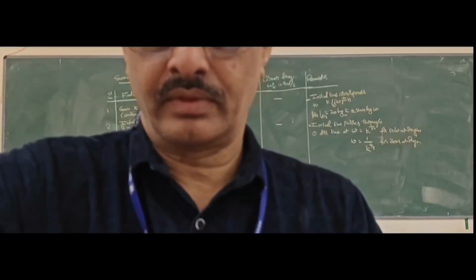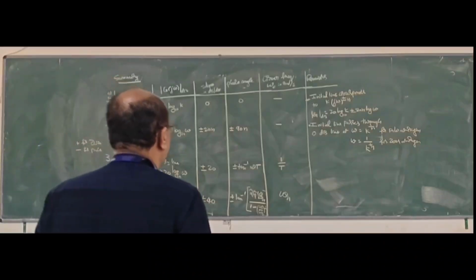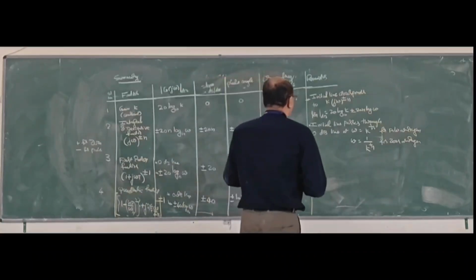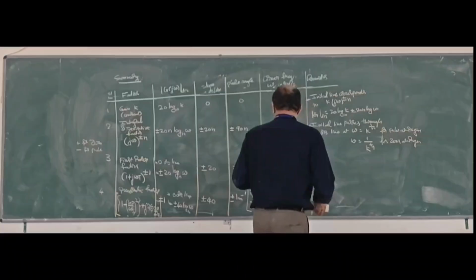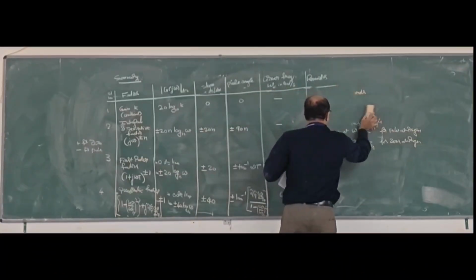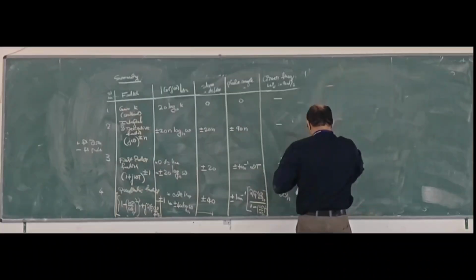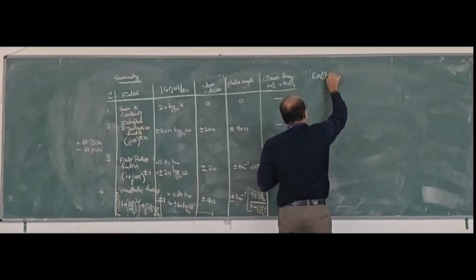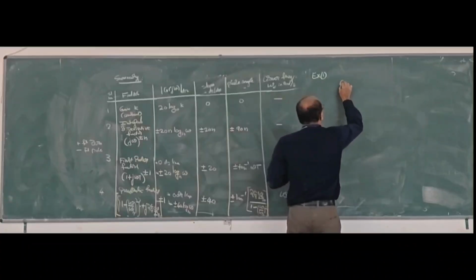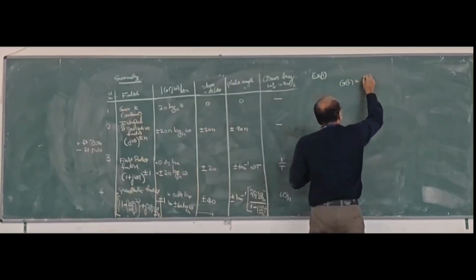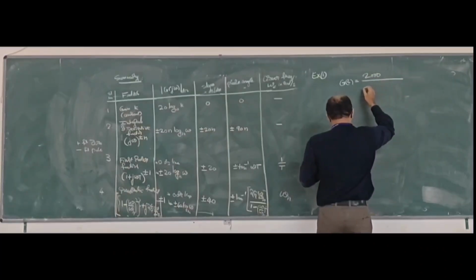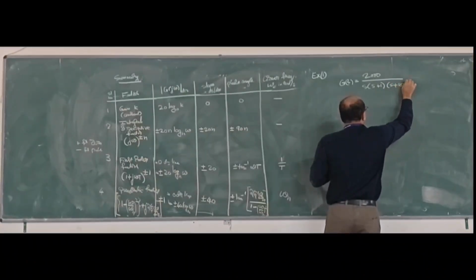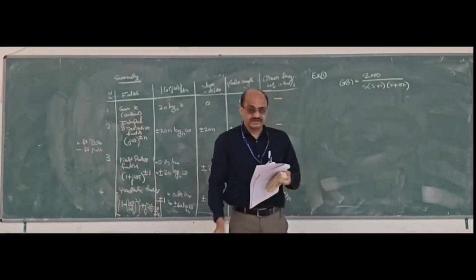Construct the Bode plot for a unity feedback control system having transfer function G of s equal to 2000 divided by s into s plus 1 into s plus 100.